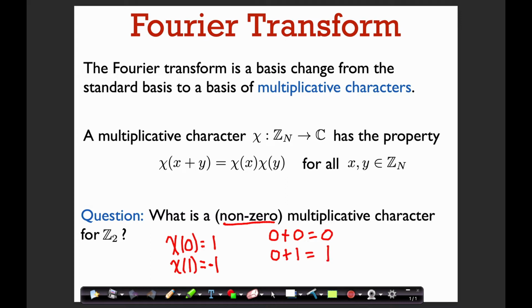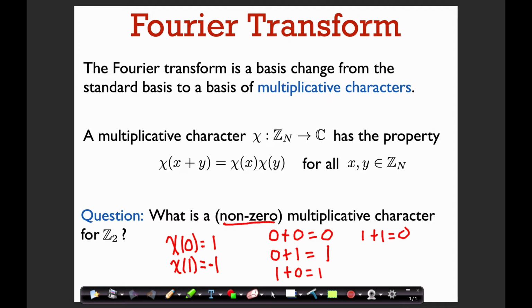Now chi of 1 is minus 1, and chi of 0 times chi of 1 is 1 times minus 1, so that product is also minus 1, so that case works. By symmetry, the other mixed case works as well. We just have one more case to check: chi of 0 is 1, and on the right-hand side we have chi of 1 times chi of 1. They're both minus 1, so that would be 1 as well. All these cases check out.